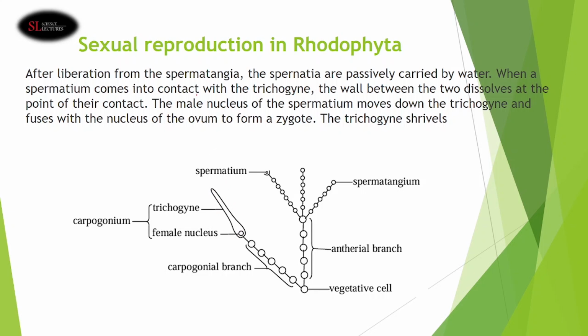So what happens? After the spermatium are released from the spermatangia, they are carried passively by water. They will swim up when they come into contact with the trichogyne.